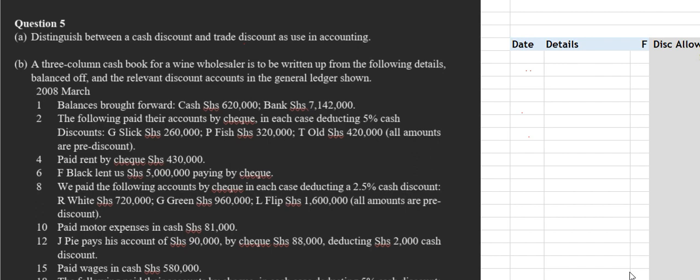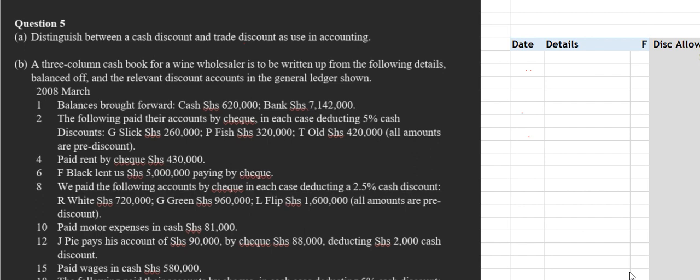A cash discount, sometimes referred to as a settlement discount, is a reduction in the amount payable to the supplier in return for immediate cash.